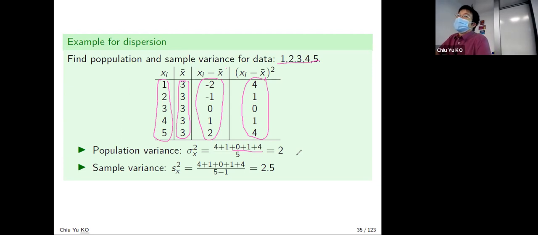And when you use it in your study, always use n minus 1. I think it is very unlikely that you get everything from your data set, okay? Almost all the cases use this one, okay? But do remember that you are measuring the average distance from the mean.